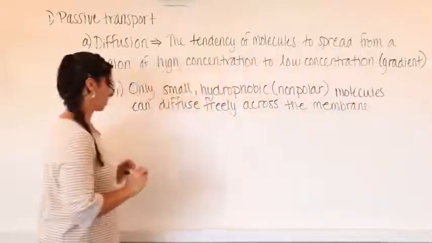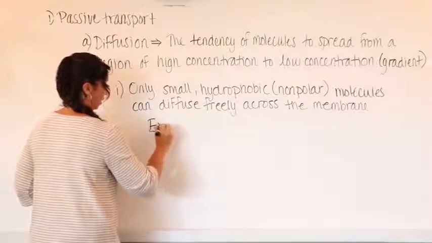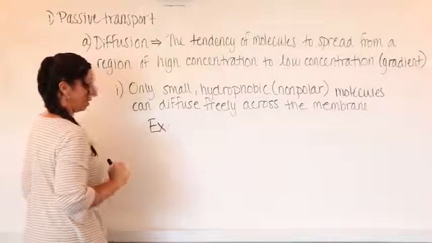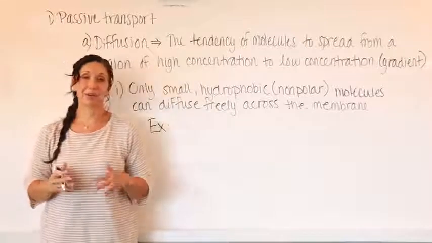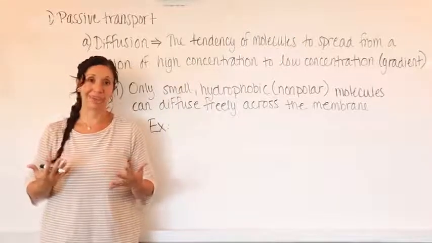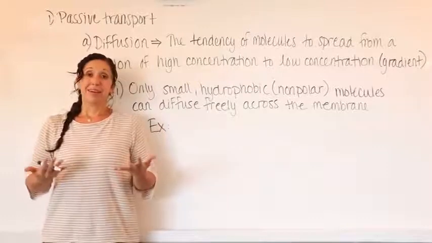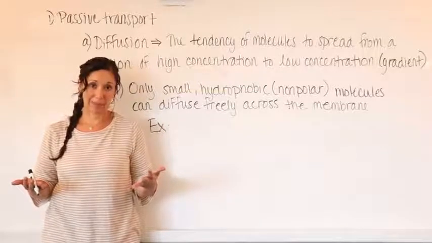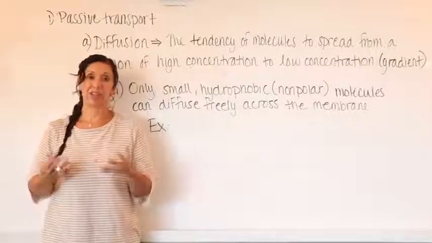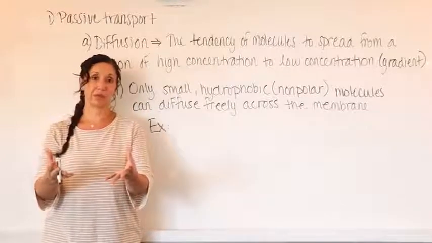Here's a couple examples. I want you to think before I write something out. If you're an organism and you're living, you're breathing in what gas every day and expelling what gas every day? You're taking in oxygen and you're releasing CO2, carbon dioxide.